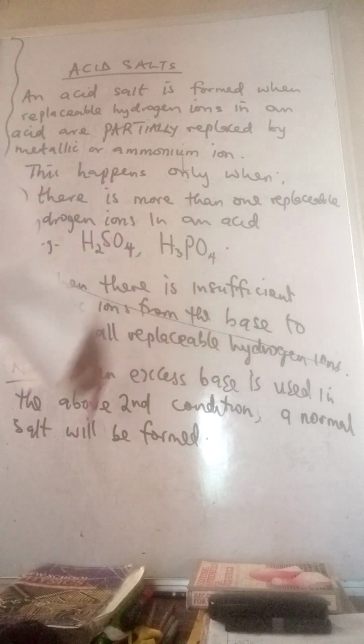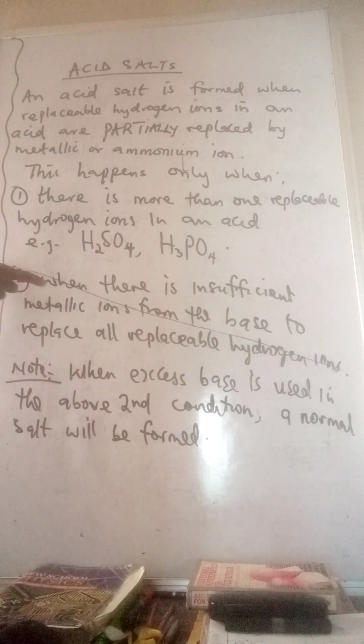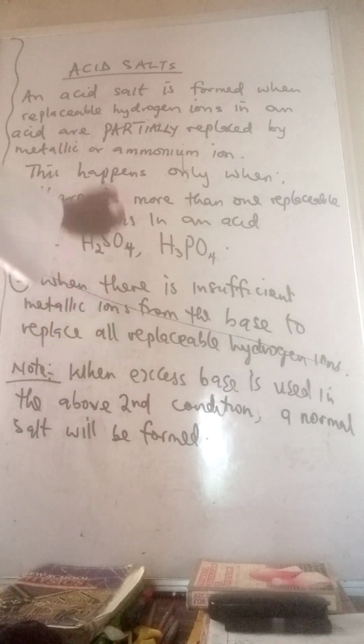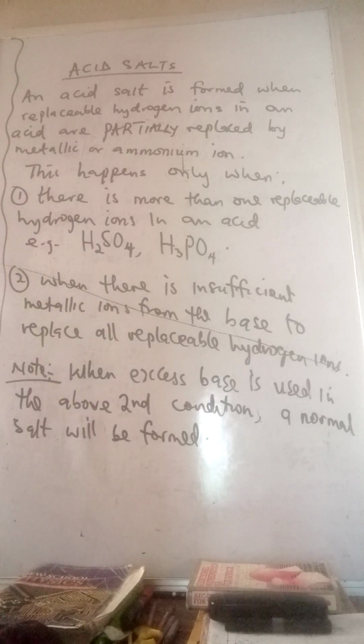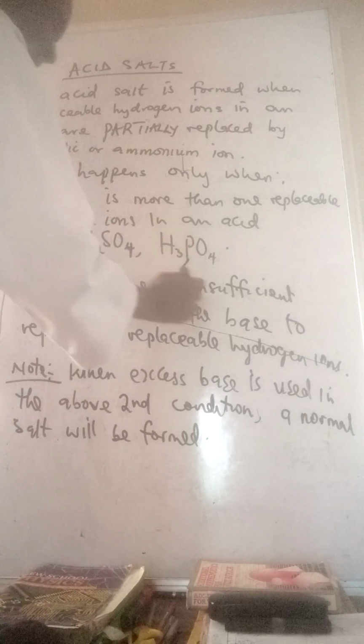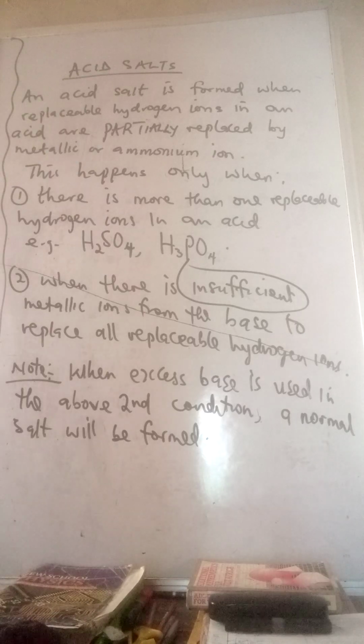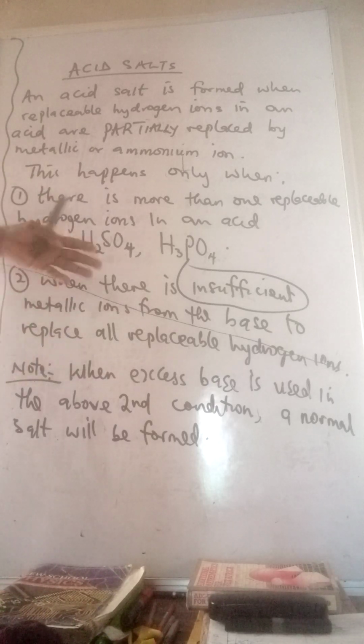When excess base is used, this second condition will not result in acid salt. It will only result in an acid salt when there is an insufficient quantity of base which will produce the sufficient metallic ions, as we are going to see in the reaction I'm going to write now. I will write the reaction under which this can be seen.